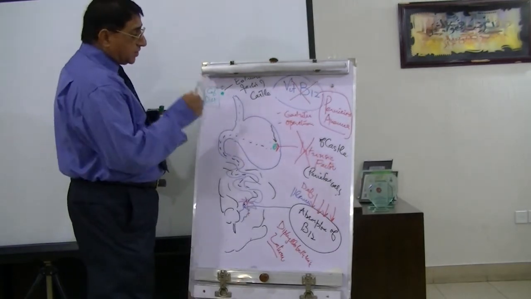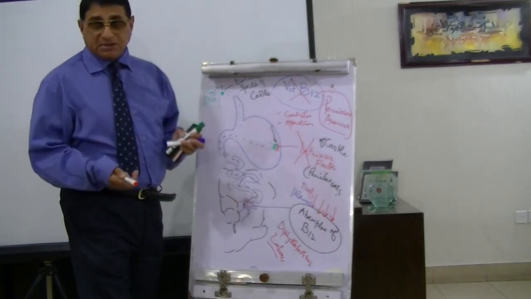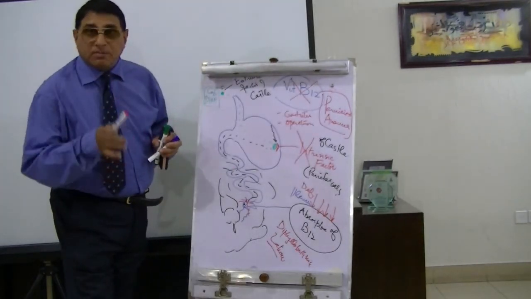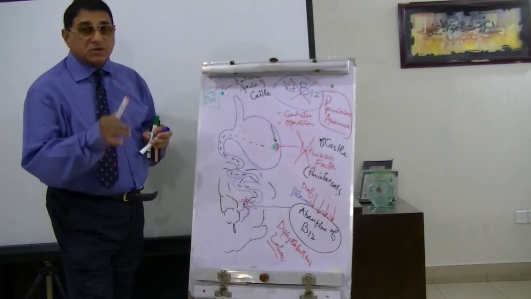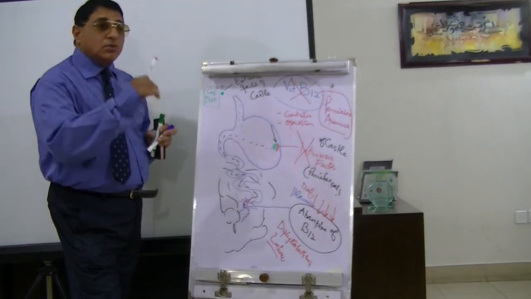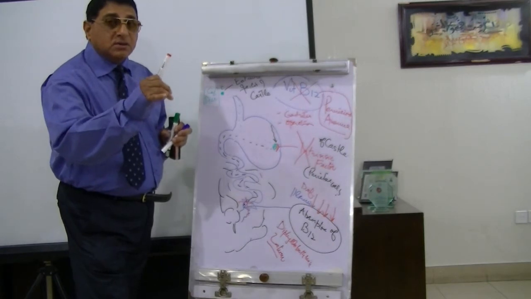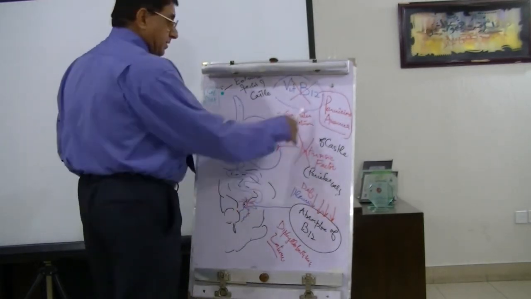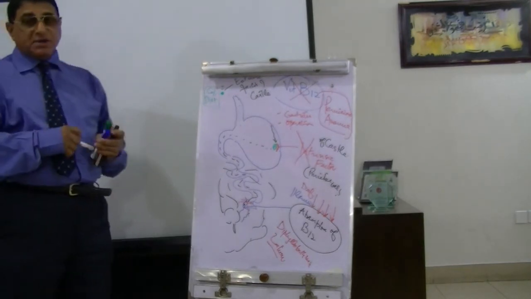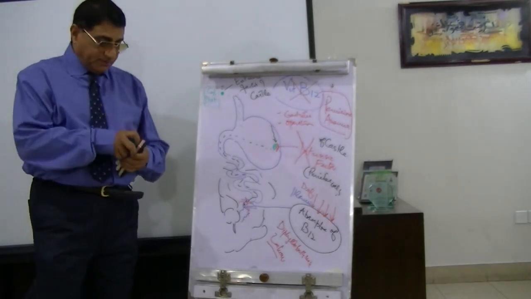Folic acid in the dose of 300 to 400 microgram per day, and B12 in the dose of only 3 to 4 microgram per day. So remember, 300 to 400 microgram per day and only 3 to 4 microgram per day for B12. Now, what is the biochemical action of B12?